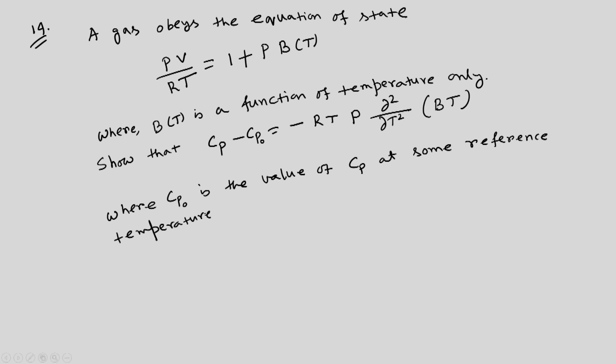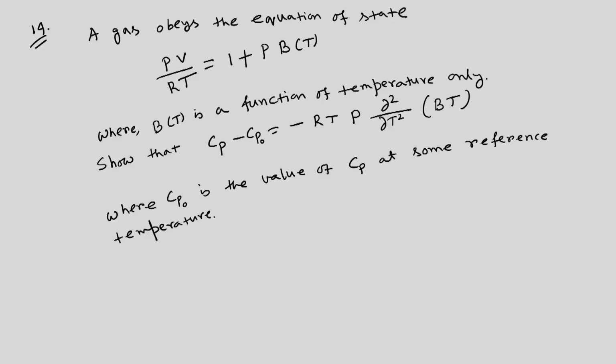So, problem number 14: a gas obeys the equation of state PV by RT equals 1 plus P times B(T), where B(T) is a function of temperature only, so that Cp minus Cp naught equals minus RTP del squared B by del T squared, where Cp naught is the value of Cp at some reference temperature. Now, the solution.